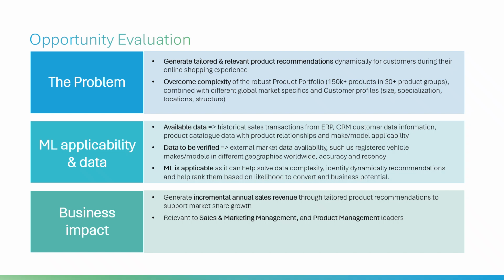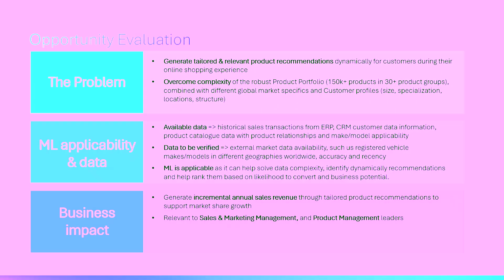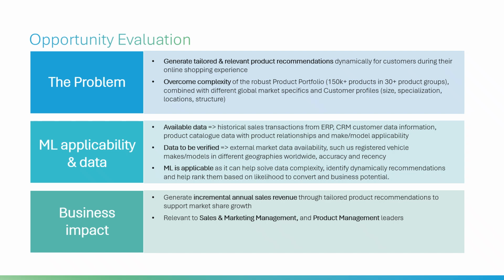The problem itself is that we want to generate tailored and relevant product recommendations dynamically for all the customers around the world during their shopping experience. And with that, we want to overcome the complexity of a few things.